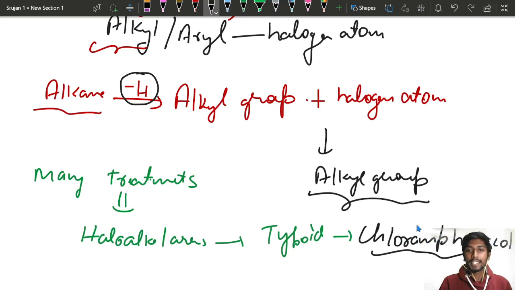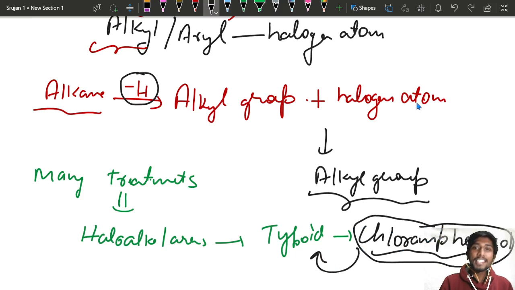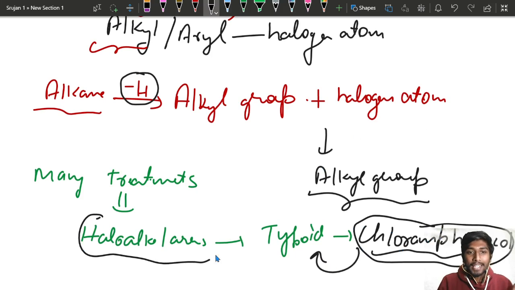Chloramphenicol is an antibiotic used to treat typhoid. This antibiotic is made from haloalkanes and haloarenes itself.